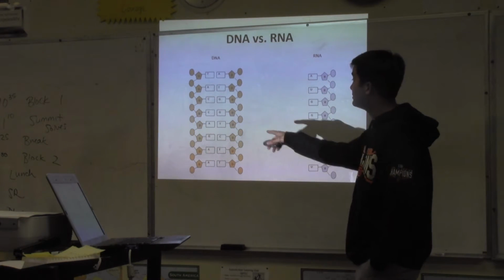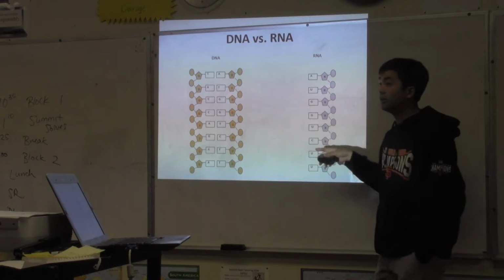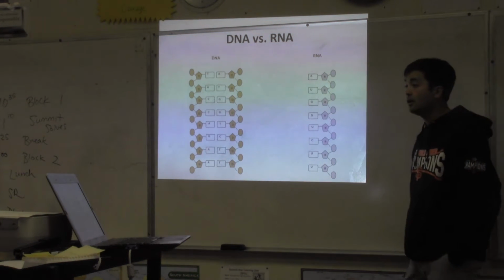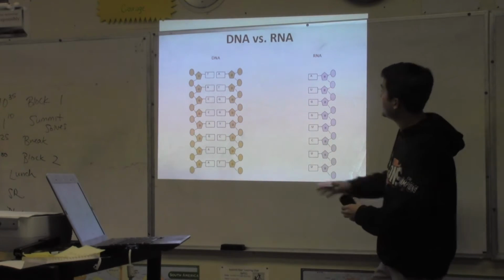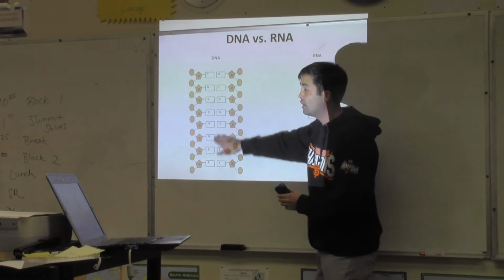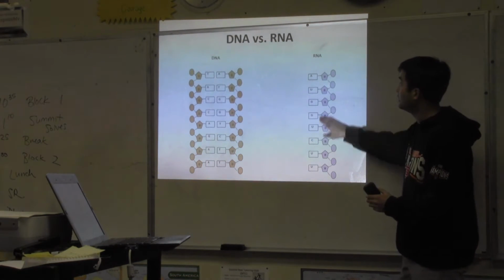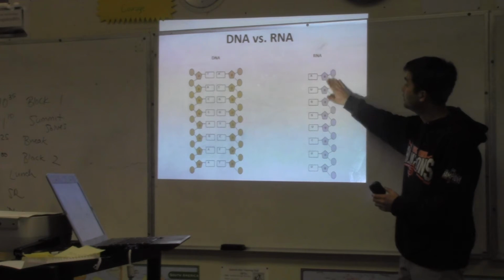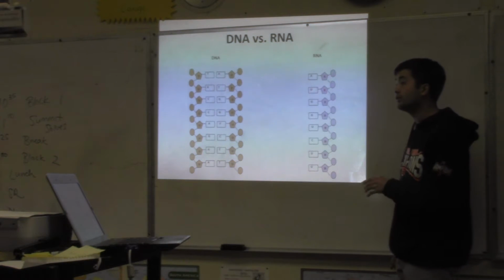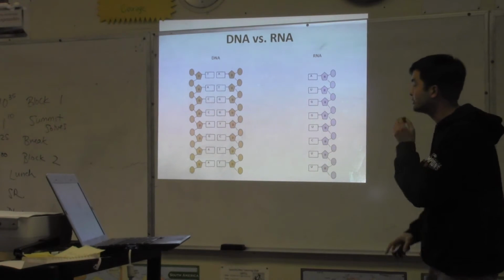What are some differences you notice between the picture of the DNA and the RNA? Yeah, that's one of the really important differences. Notice how DNA has 2 strands, RNA only has 1. So we say DNA is double-stranded, RNA is single-stranded. Okay? What other differences do you notice? Really pay attention to the details.